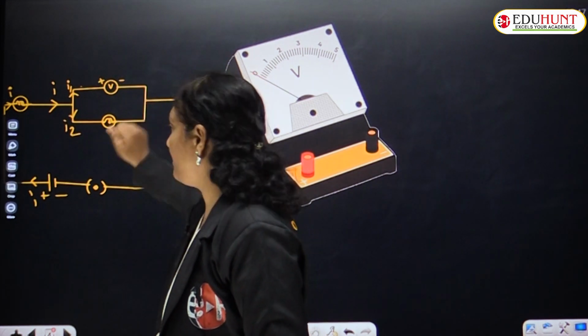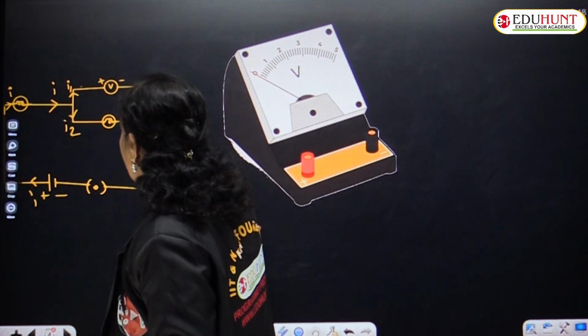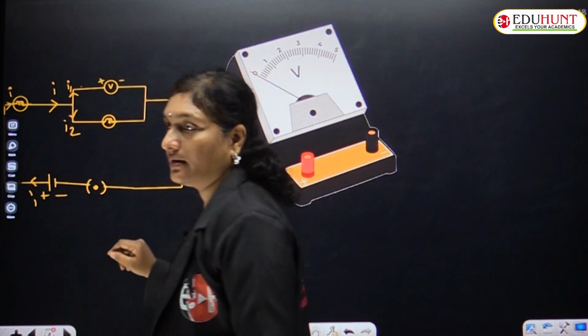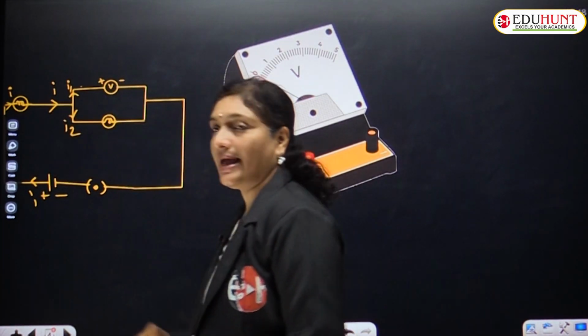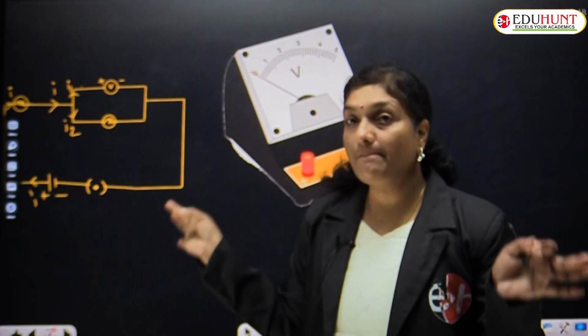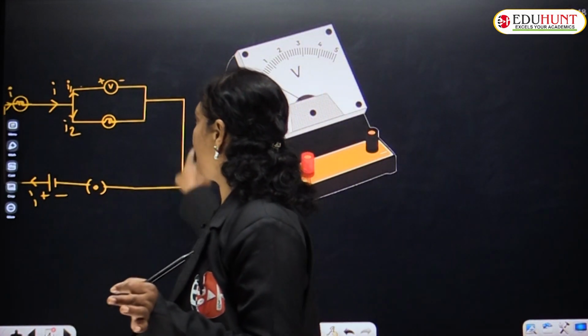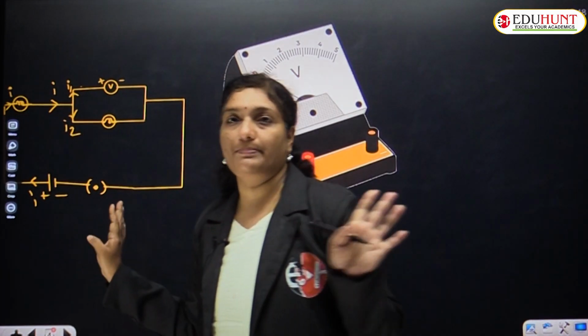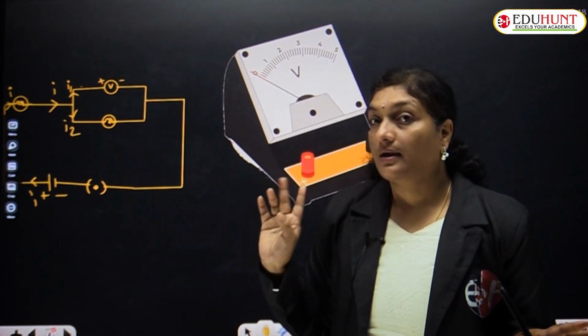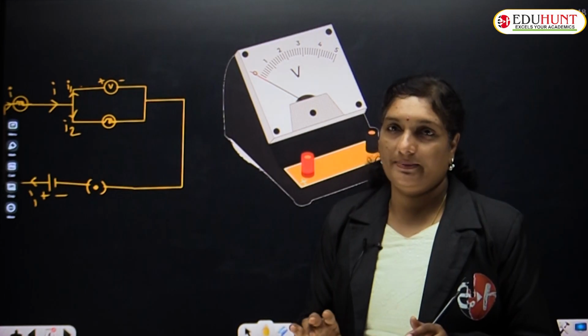But the same potential difference is applied across the ends of both the bulb and the voltmeter. So the potential difference is the same, but the current will be different.